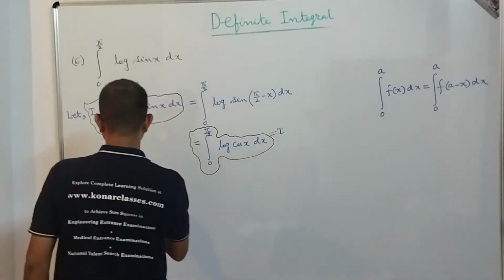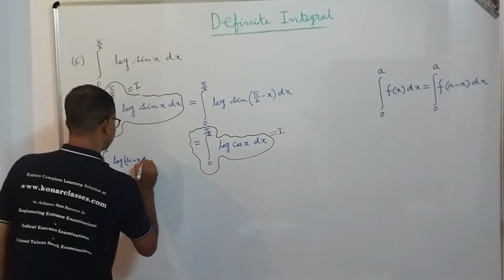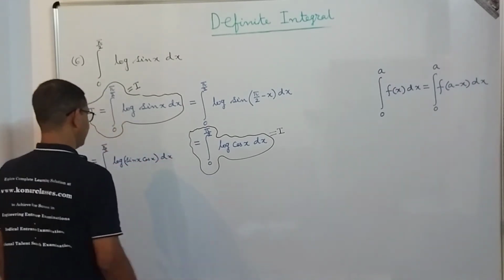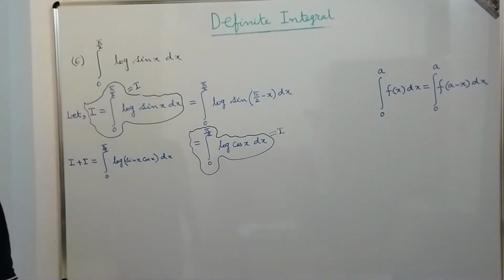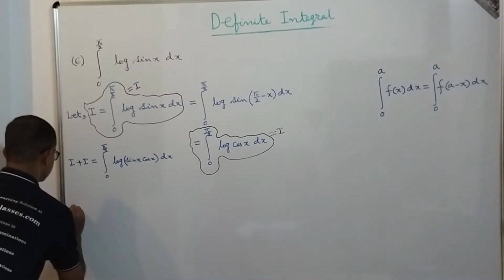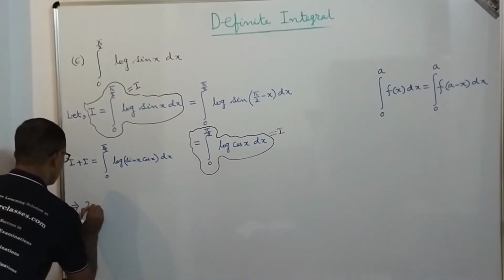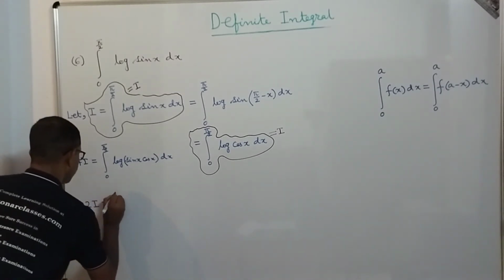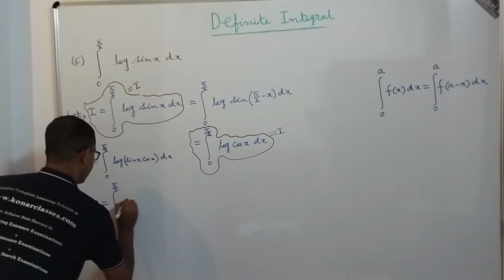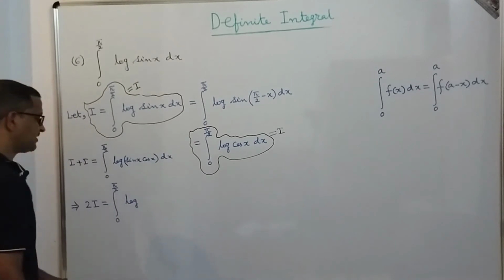Correct or not? So from here we get that 2I is equal to the integral from 0 to pi by 2 of log sin x cos x.